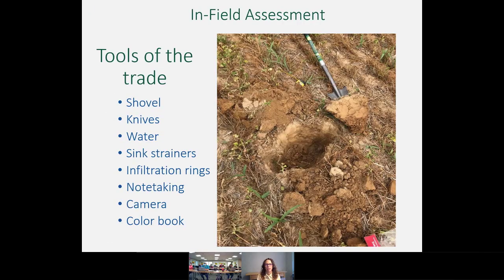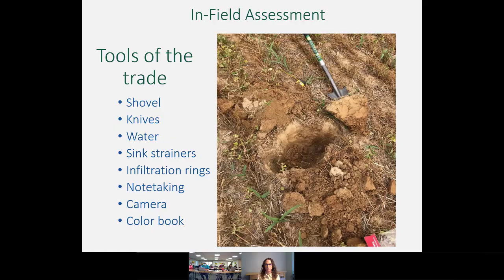The in-field assessment is, like I said, really the vital first step in diagnosing soil health resource concerns. And there are a number of tools that are essential to completing this process. You do complete a field visit, so visit a working operation and bring a shovel so that you can dig a hole and actually see what's happening below the surface.